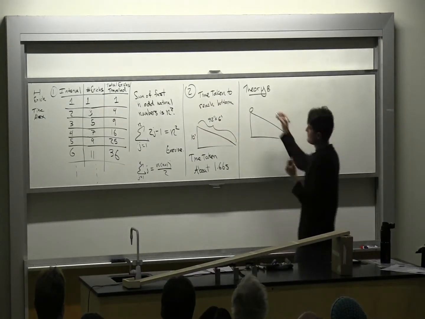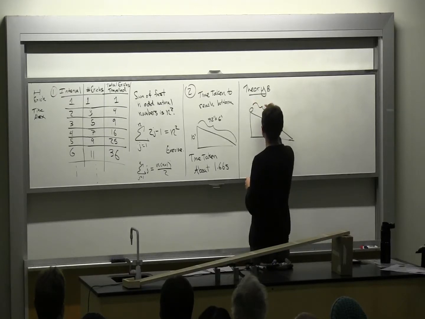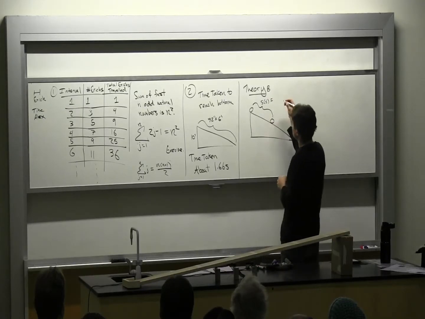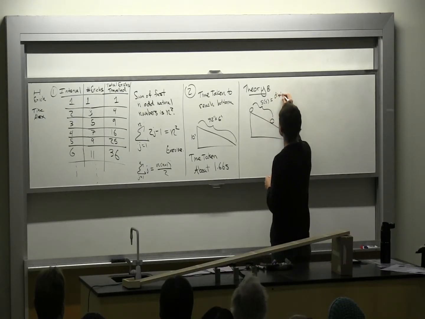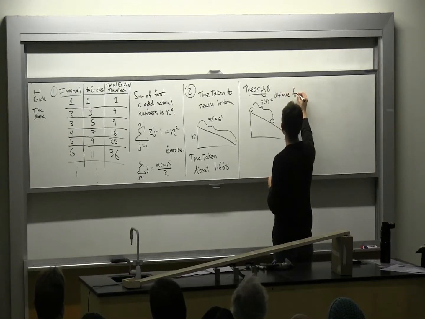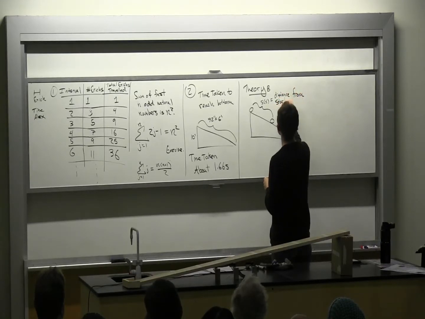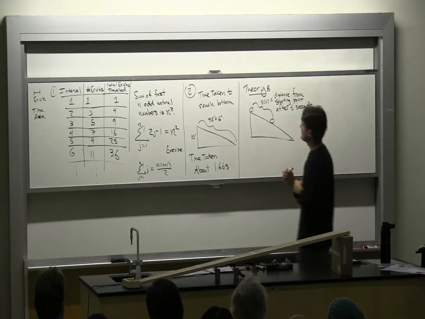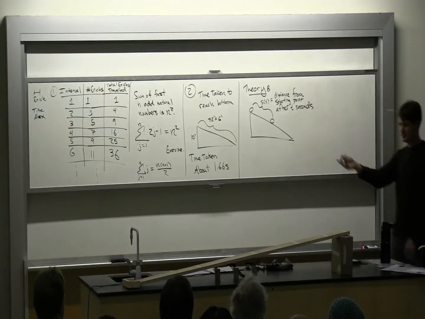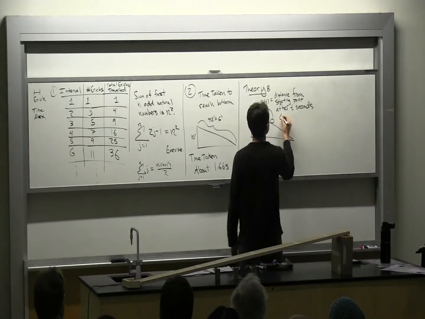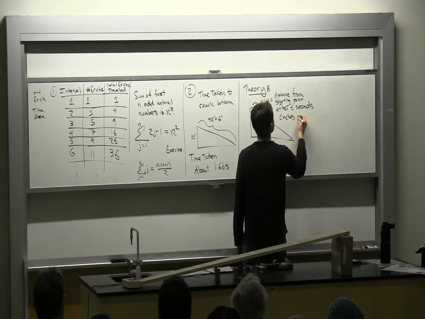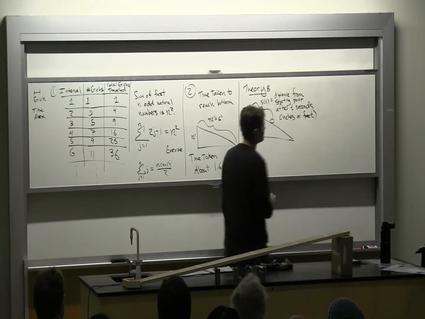I'm going to let my function, I'm going to call it s of t, be the distance from the starting point after t seconds. So s of t is a distance quantity, and I'm either going to use inches or feet. Probably feet.